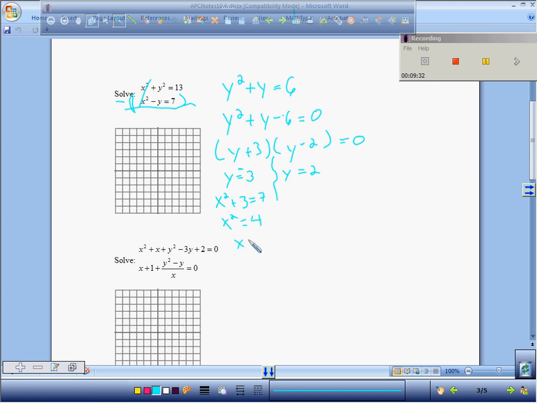So x equals plus or minus 2, right? So this represents 2 of your possible 4 solutions. You understand that? Okay, so this point -3 gives you back 2 solutions.